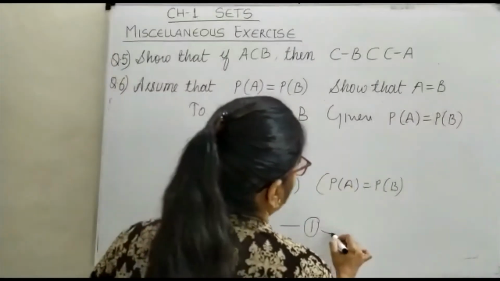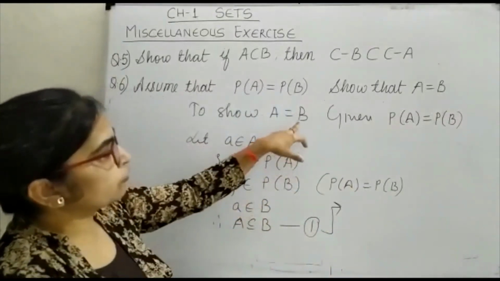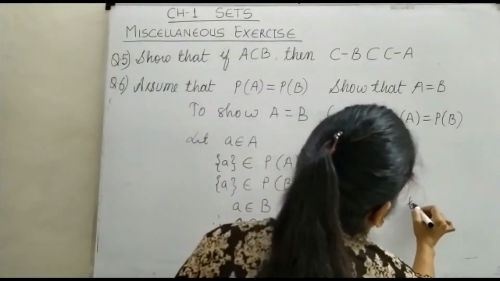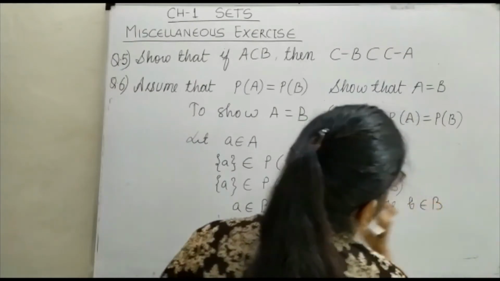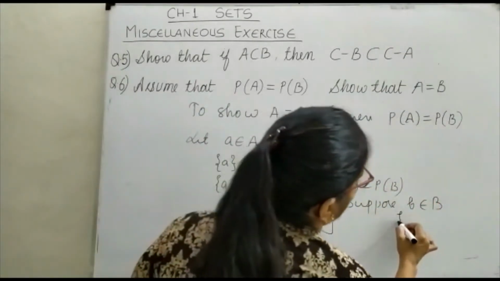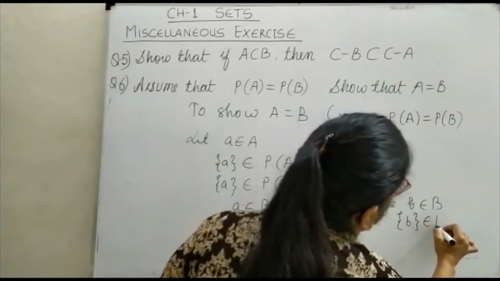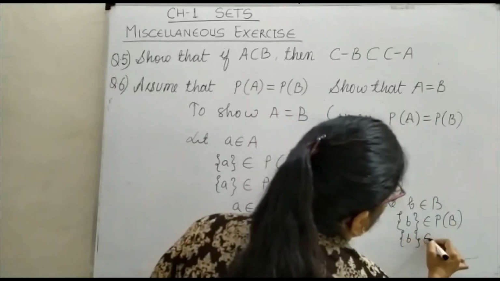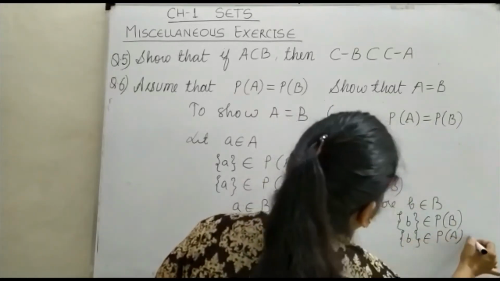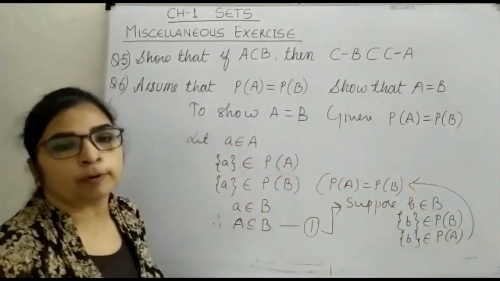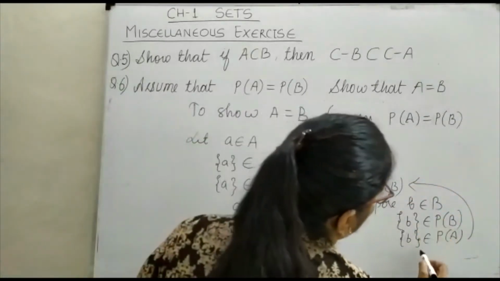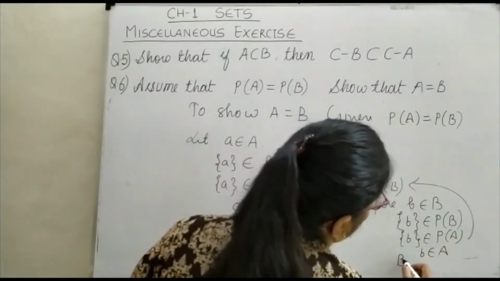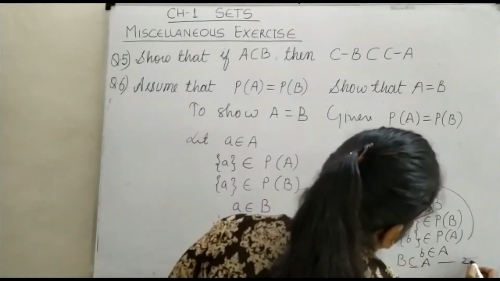Similarly, we can take the other way. We'll take another element of B. Suppose small b belongs to capital B, be any arbitrary element, then this will belong to the power set of B. Again, this will be in the power set of A, the reason being that the power set of A is equal to the power set of B. Now again, small b will belong to A, and from here we can conclude that B is a subset of A, equation number 2.